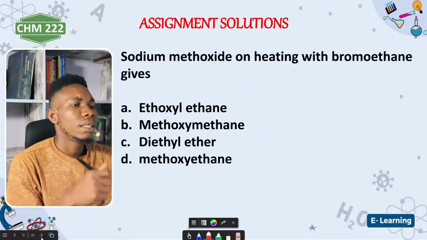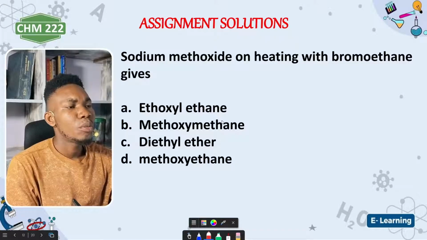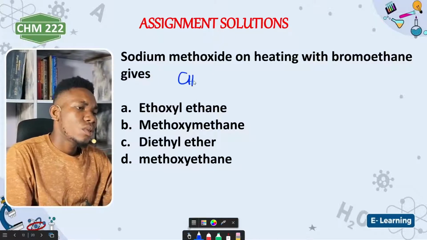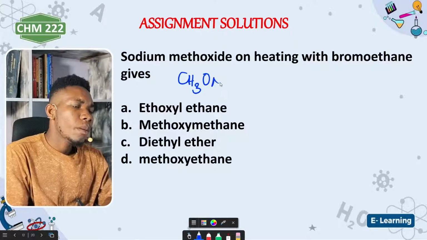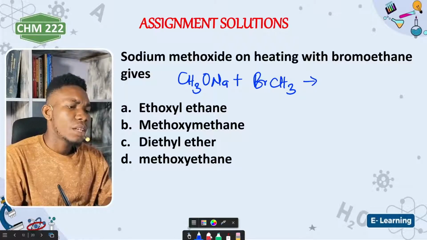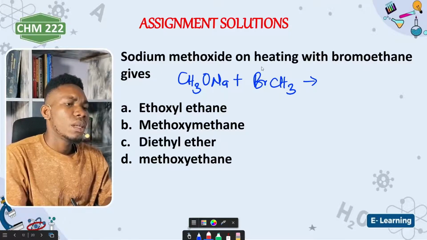All right. Now, sodium methoxide heating with bromomethane gives. Now, sodium methoxide is something like this. Sodium methoxide on heating with bromomethane will give. Now, this reaction is what we call the Williamson ether synthesis.